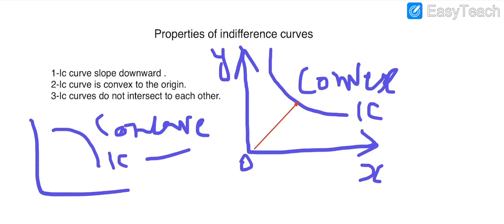And what is the third property? IC curves don't intersect each other. What does it mean? Let me erase this from here.